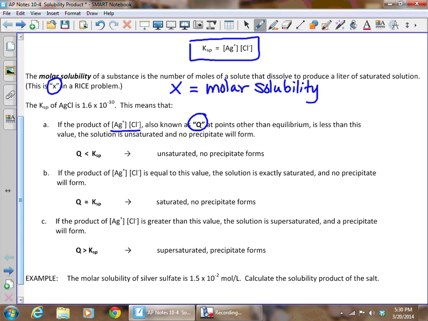if that value is less than KSP, that indicates to us that we have an unsaturated solution and no precipitate will form. If, however, that product is equal to KSP, then we have a saturated solution and still no precipitate is going to form.